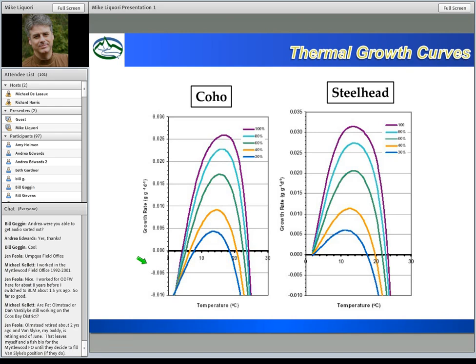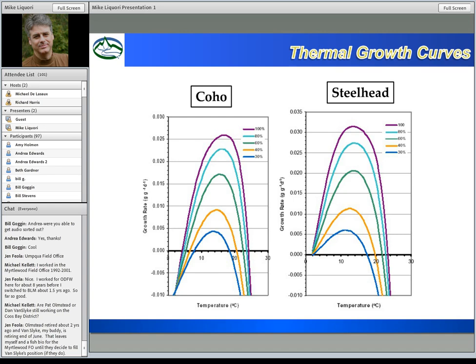But the take-home message is there's a zone in which you're going to have optimum fish production, and then there's also a zone of temperature regimes in which you're going to have very strong nutrient exchange. Typically, if you have too cool of a stream, you can produce a lot of fish, but they'll be fairly small in size.